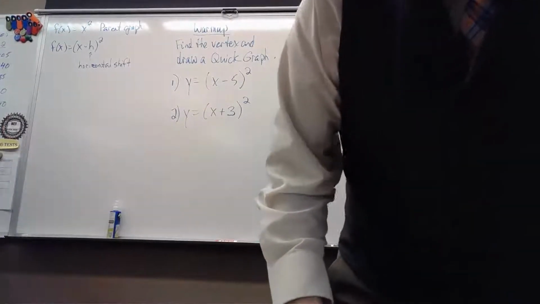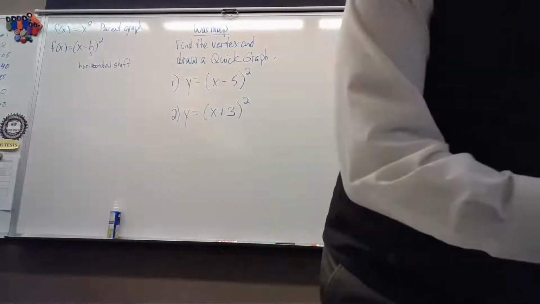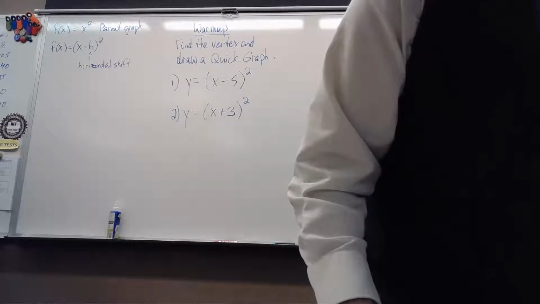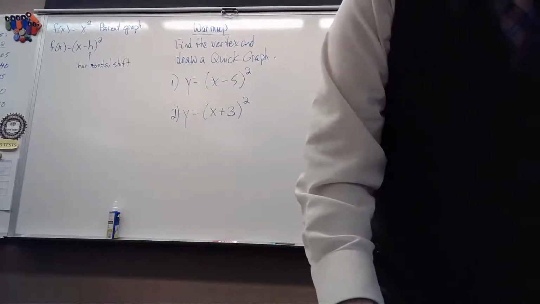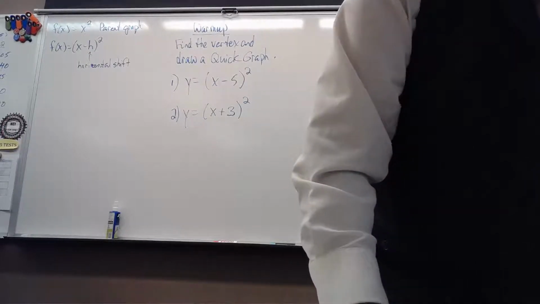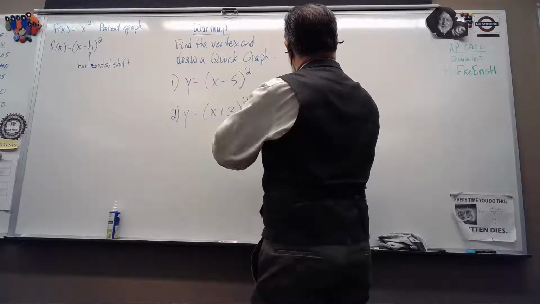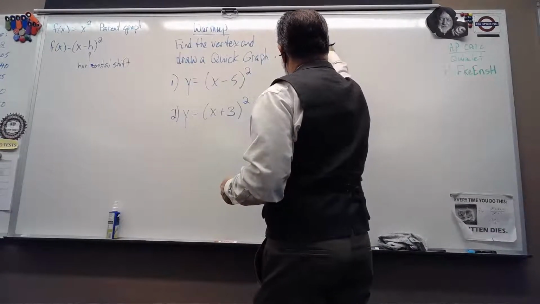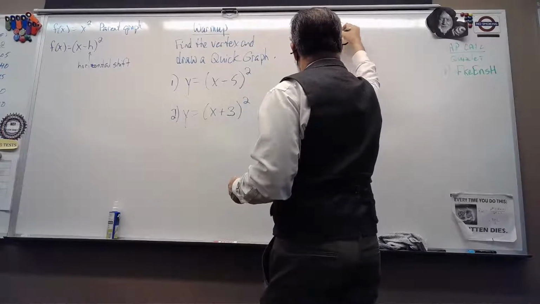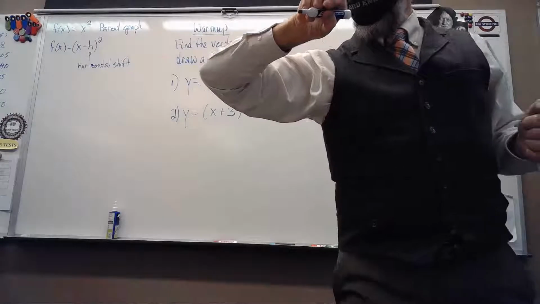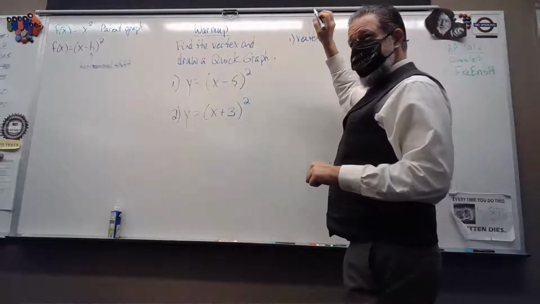All right, let's just do this to get warmed up. Eliana, first one, where's the vertex? At 5. Give me coordinates rather than a number. 0, 5?